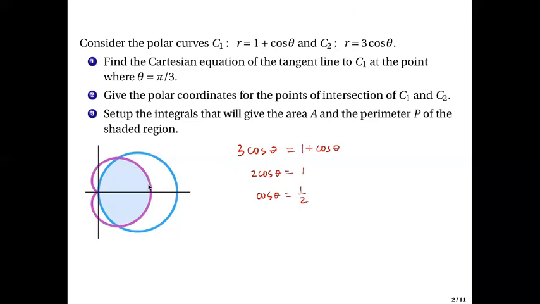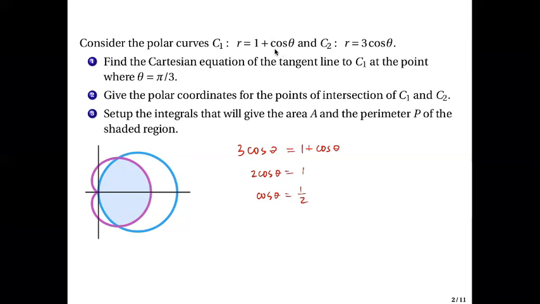Now, what is the domain of these curves here? First, for the cardioid, let us take the domain 0 to 2 pi. So this cardioid will be drawn once on a 2 pi interval. So at theta equals 0, we have 1 plus cosine 0, so that's 2. So this is where theta equals 0 is.